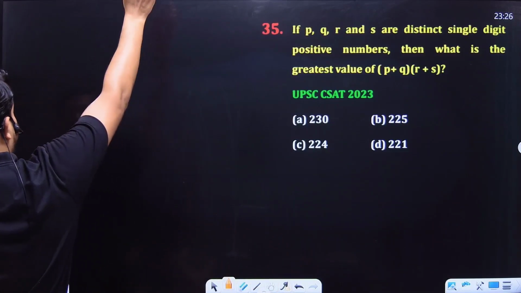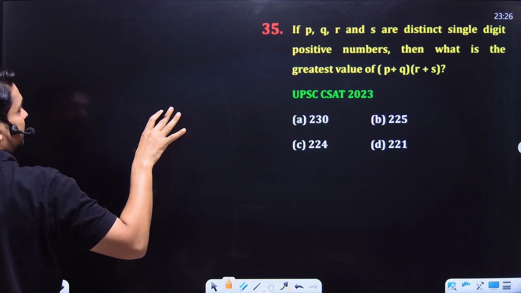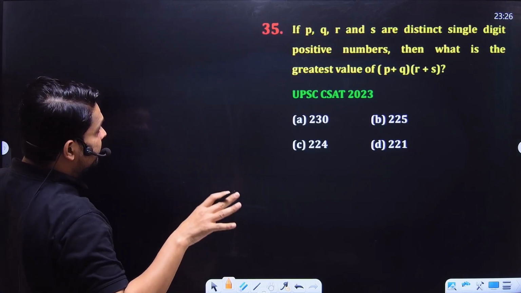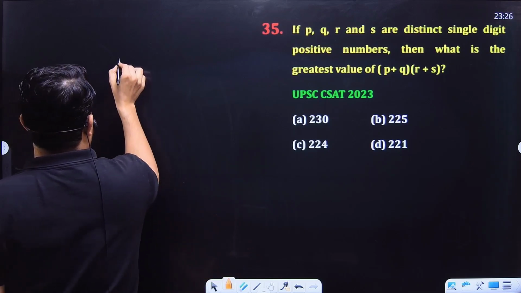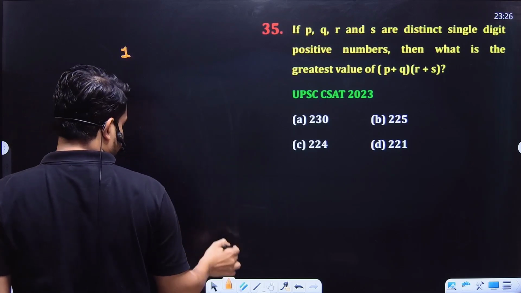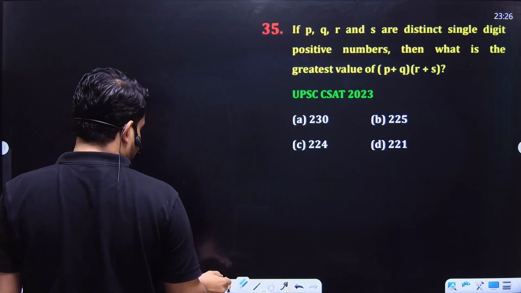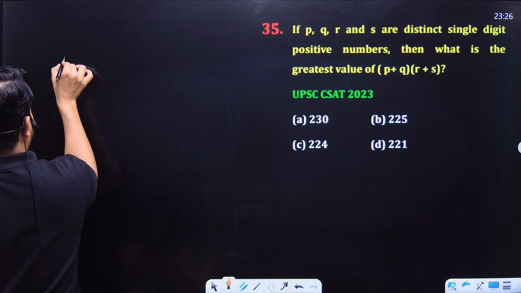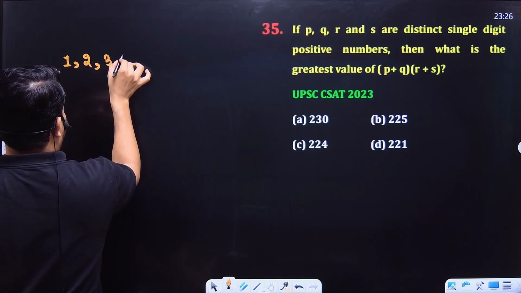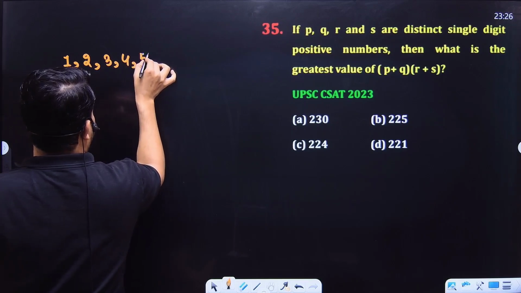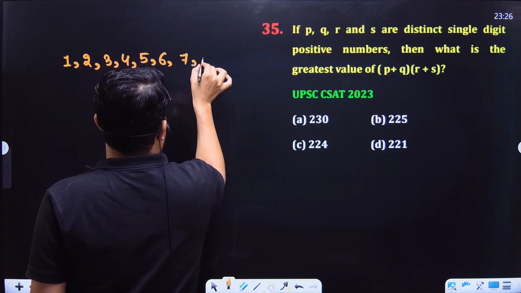P, Q, R and S are distinct single digit positive numbers. What are single digit positive numbers? They are 1, 2, 3, 4, 5, 6, 7, 8, 9.